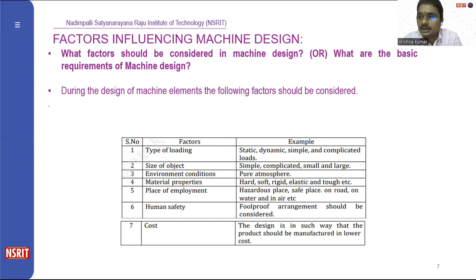Next, environmental conditions. See, some of the plastic components that we manufacture may satisfy the load conditions, but if that plastic component is exposed to heat, what is the situation? These things we have to analyze. The plastic component is ready for manufacturing, it is withstanding the loads, it is very good, it is non-corrosive.